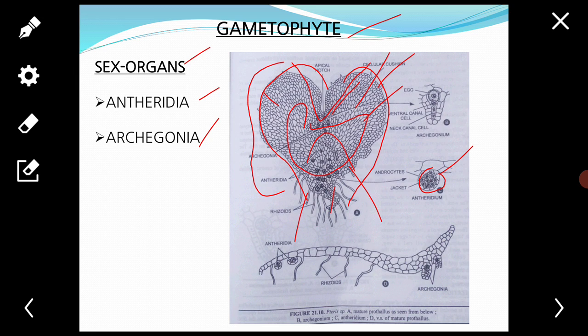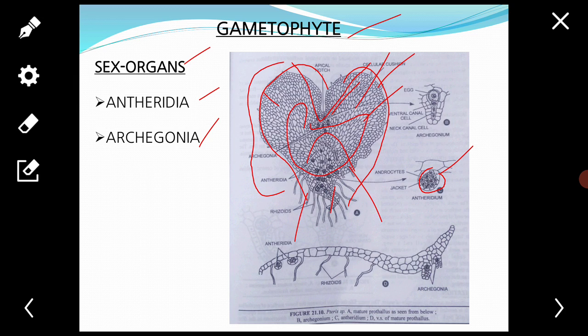The anthrozoids, which are still covered by the androcyte membrane, are liberated through the opening of the antheridium. The membrane dissolves in water and the anthrozoids are set free.